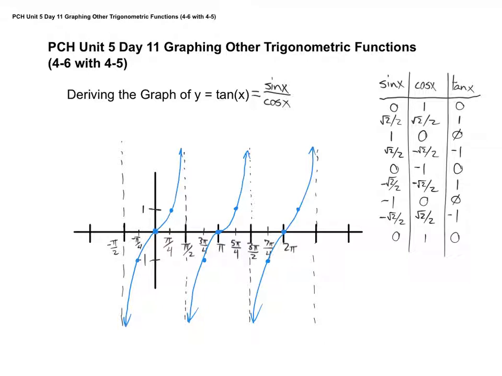Every full unit circle, we go through the period twice, right? So that means our period in this case is just pi. All right? Tangent is a little bit different in this sense, okay? Because sine and cosine both had periods of 2 pi. All right? So there's our tangent graph.